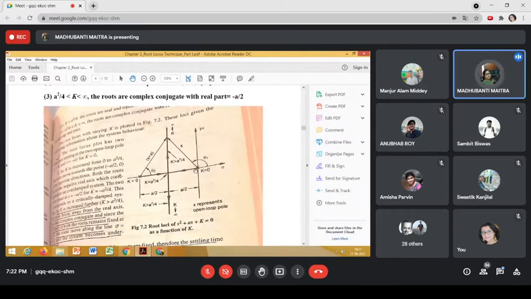So we are getting two root branches. This is a real root branch, this is also a real root branch. Two real root branches are meeting at this particular point, and if we increase the value of gain k beyond this value, then these two real root branches will break away from each other and will form two complex conjugate root branches like this.